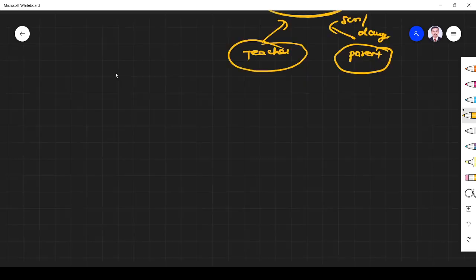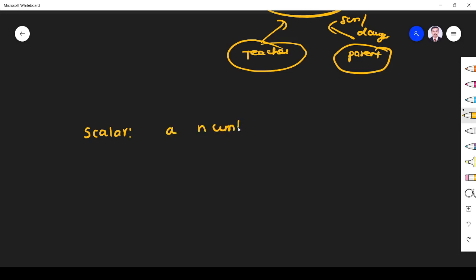Let us start. Before defining a vector, we must define a scalar. What is a scalar? We used to define it as only magnitude. Same thing, a scalar is just a number. One example is 2.